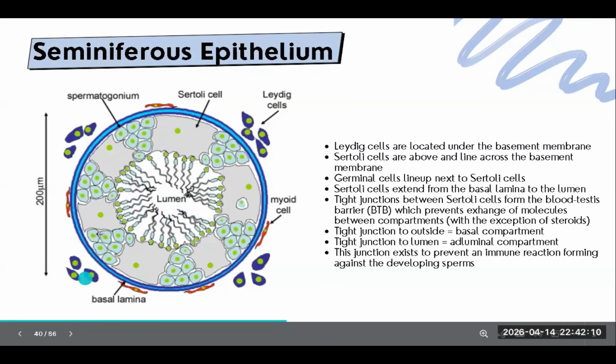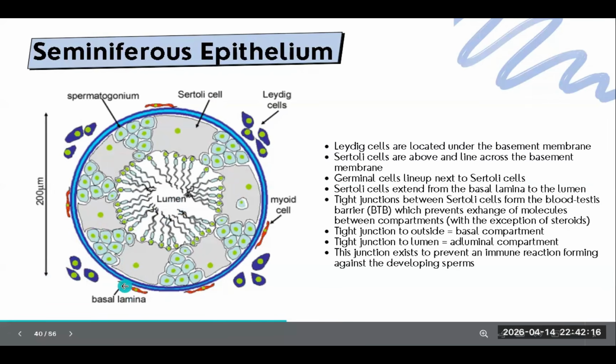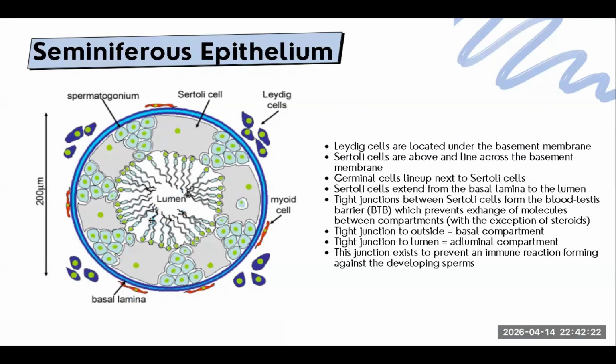And finally, the purpose of this tight junction all around is to prevent an immune reaction forming against the sperms, because the sperm proteins are not recognized by our body as self proteins. On the other hand, they're recognized as foreign, and so the body would try to attack them. And if the blood testes barrier is not present, we would end up killing our sperms.